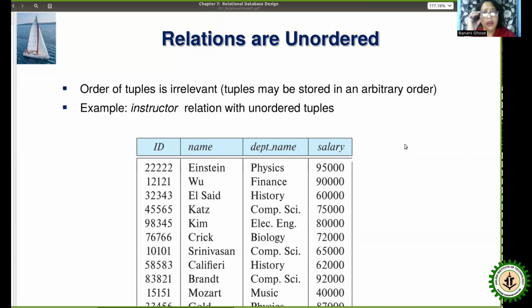Because if you are waiting always for the sorted data to come, then the database will remain incomplete all the way. So you have to maintain that whenever and whatever data is required to be put into the database, it is to be put into the database. You don't have to bother about the ordering of the data you are going to insert.